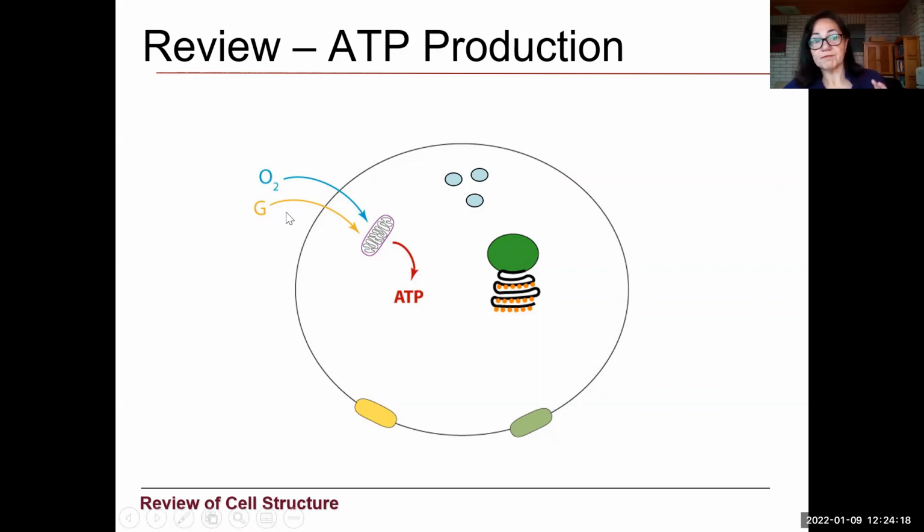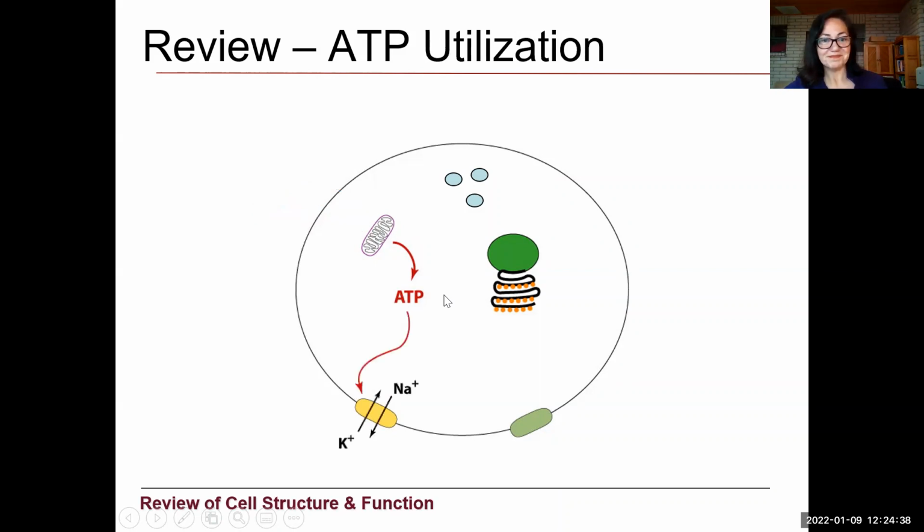So glucose comes in, it gets split, we make a couple of ATPs, that part happens without oxygen. But then to get the 30-some ATP from each glucose molecule, we absolutely require the oxygen. That gets us a whole lot of ATP, and let's see what we can do with ATP.